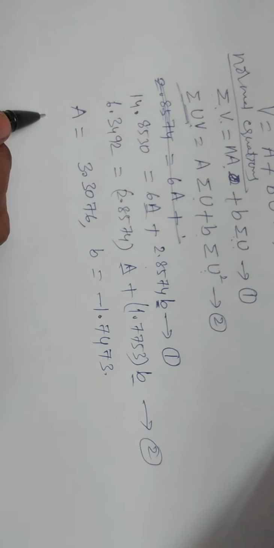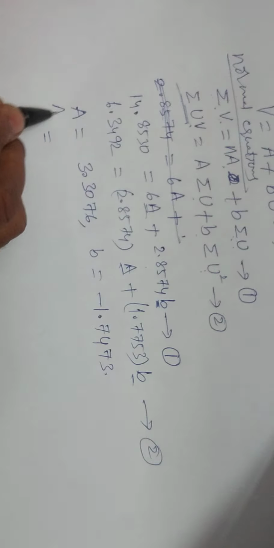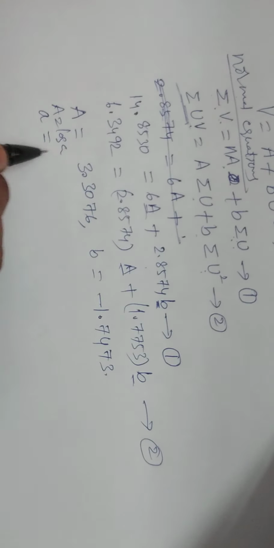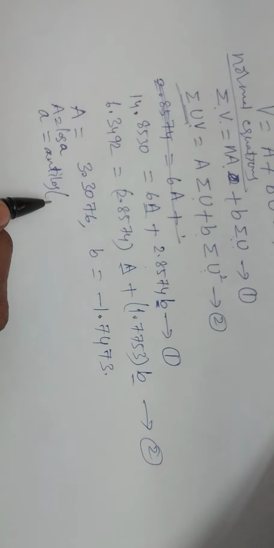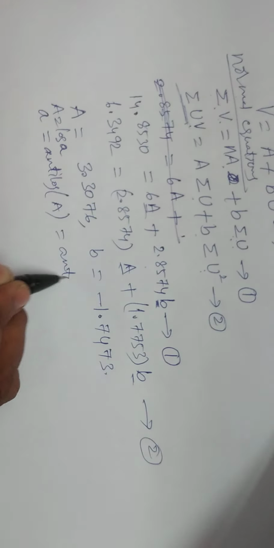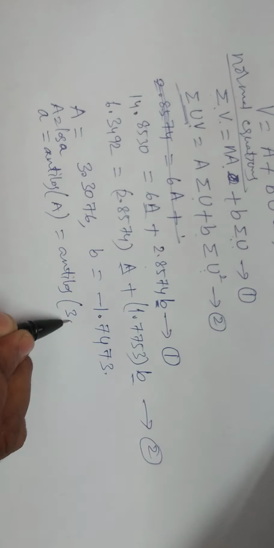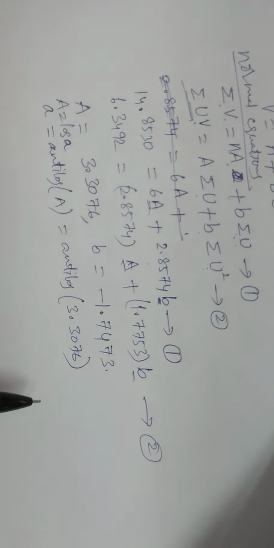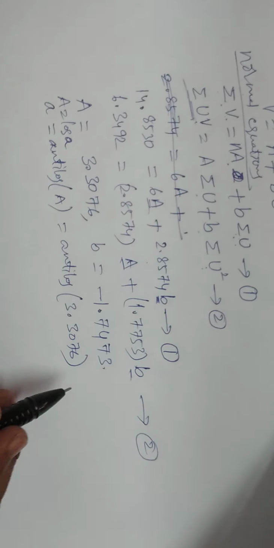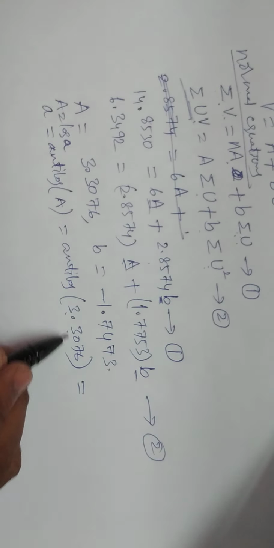Because capital A is equal to log a, small a is equal to the anti-log of capital A, which is 3.3076. Remember, anti-log is simply 10 power 3.3076.